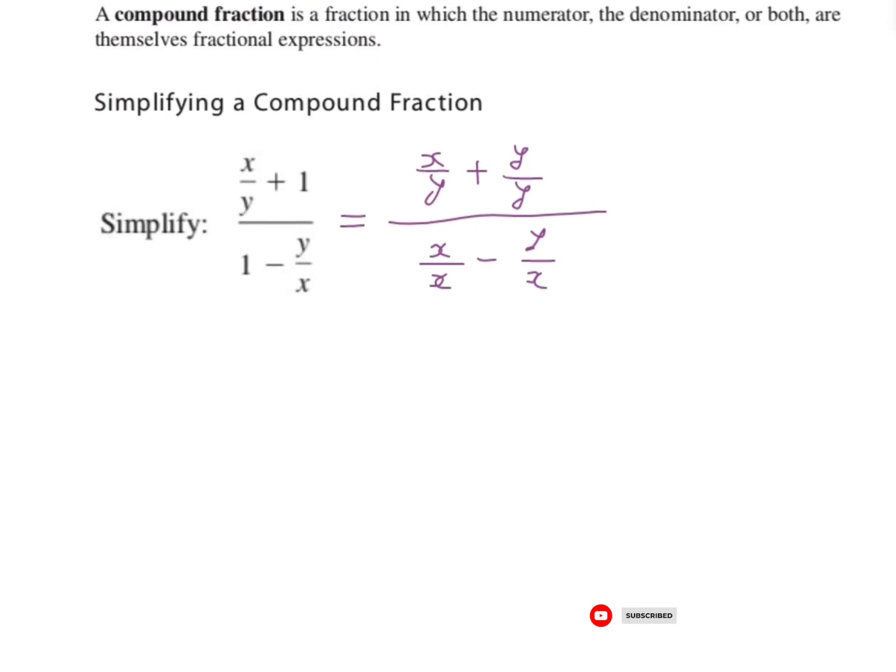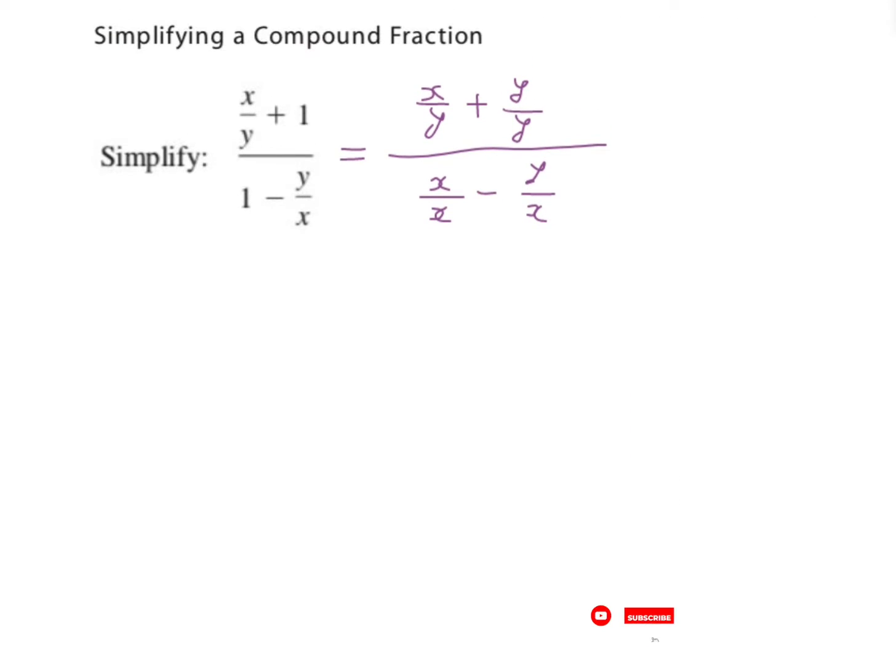Then now we can simply add or subtract the numerators. So in the numerator we get x plus y upon y, and here x minus y upon x.